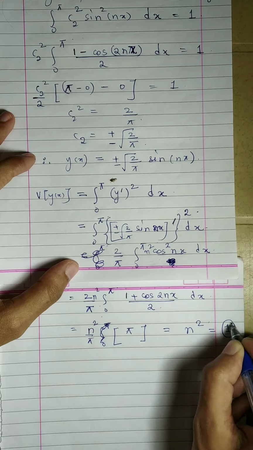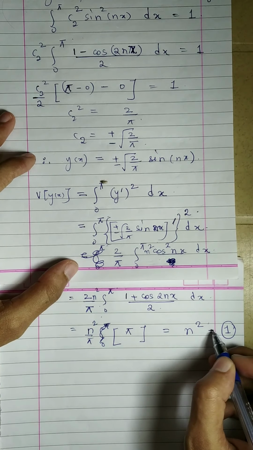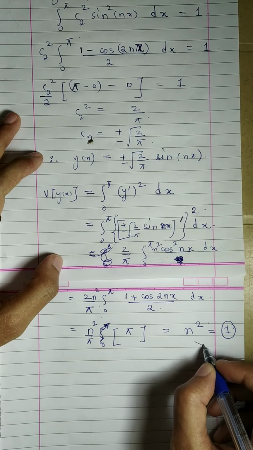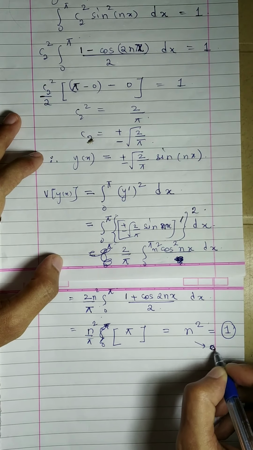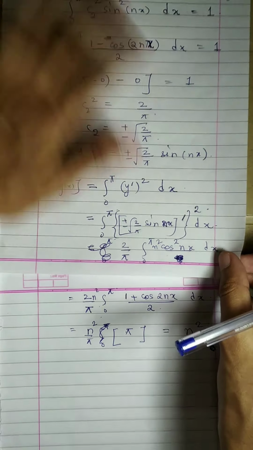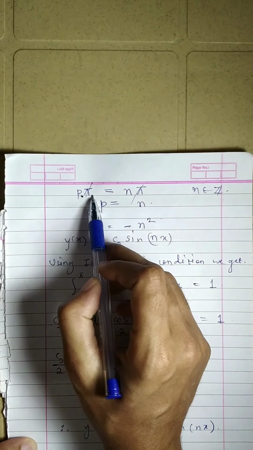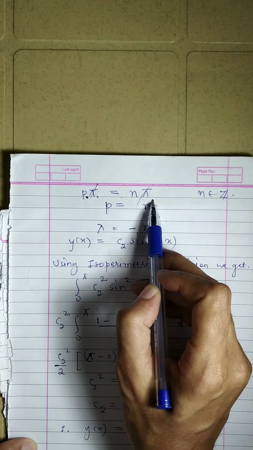What is the minimum value that n square can take? It will be equal to 1. You may be wondering why it is not equal to 0. Okay, because you see here, when we had taken this, p of pi is equal to n into pi.